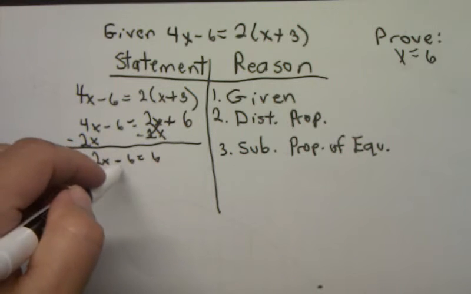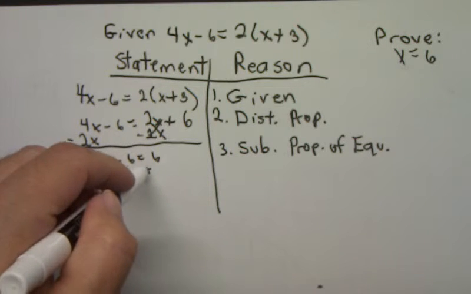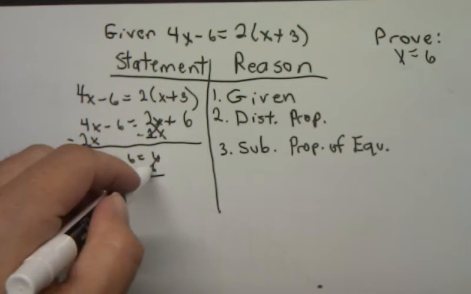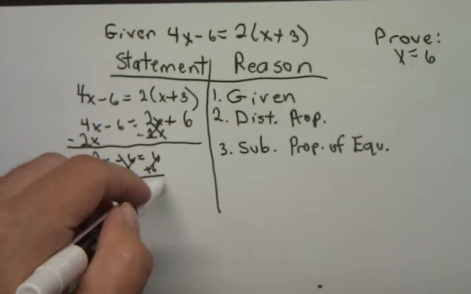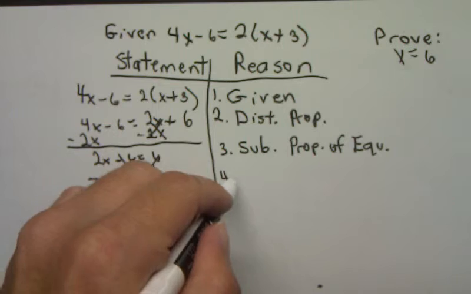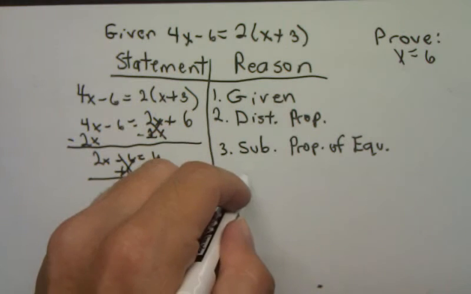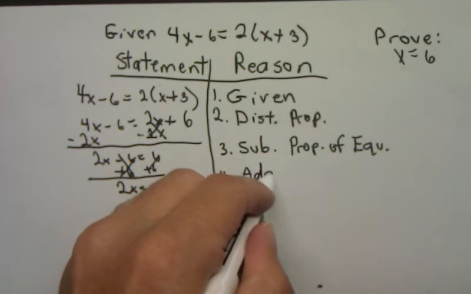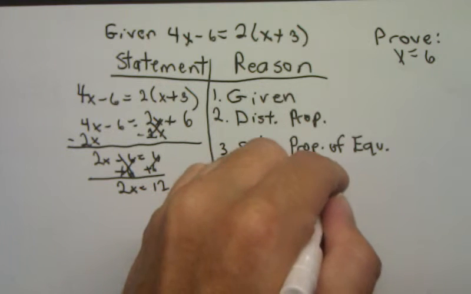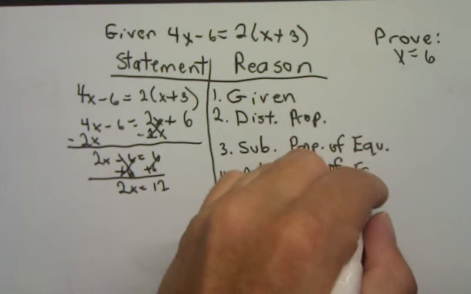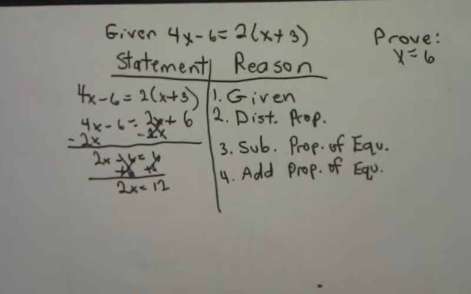Okay? Now what do I do? The next thing I'm going to have to do is add 6 to both sides. These cancel out. So I have 2x equals 12. Why? I added, so this is my addition property of equality. Okay. Now what do I do?